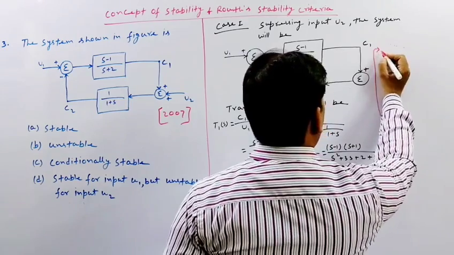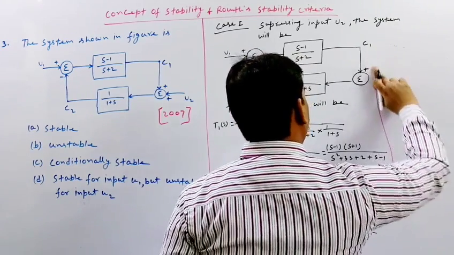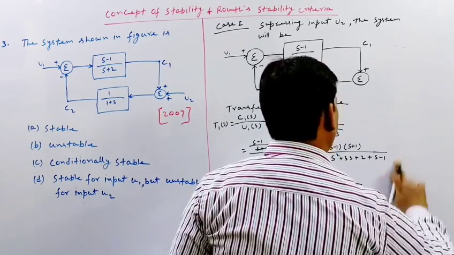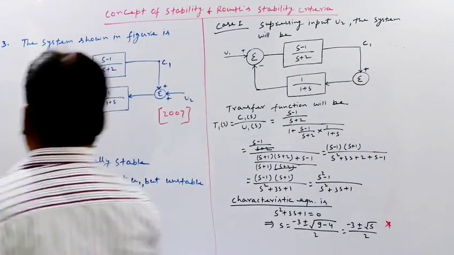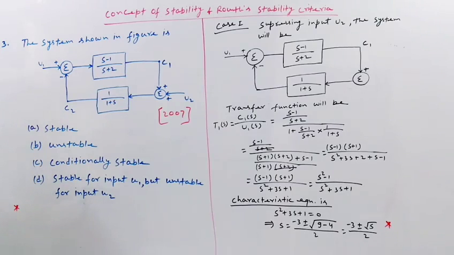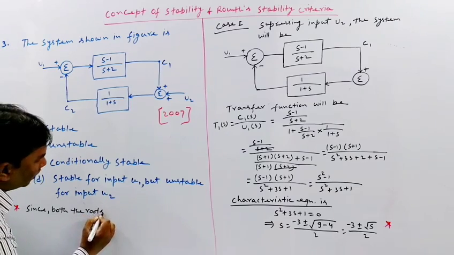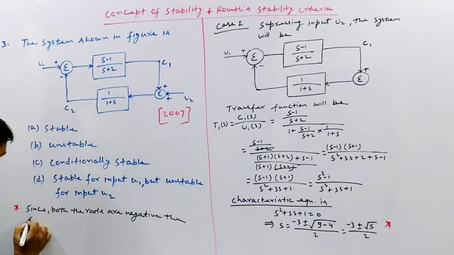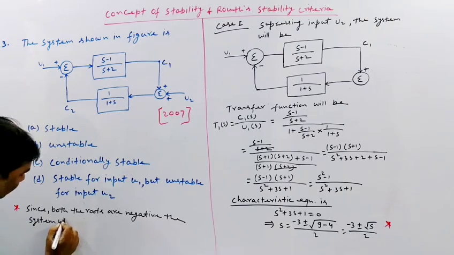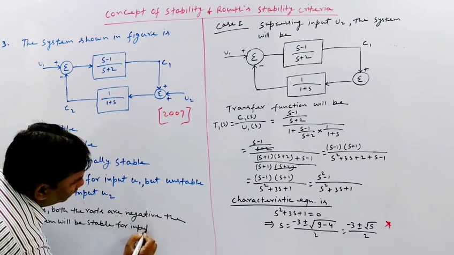Since both the roots are negative, the system will be stable for input u1.